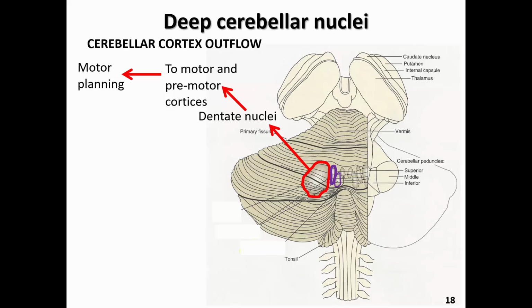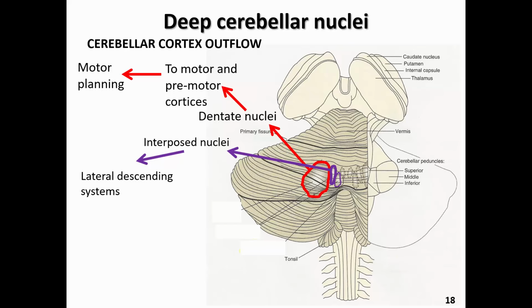If we move to the middle cluster of neurons, called the interposed nuclei, these will output projections that will influence lateral descending systems.